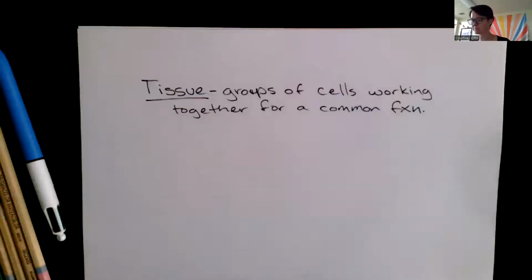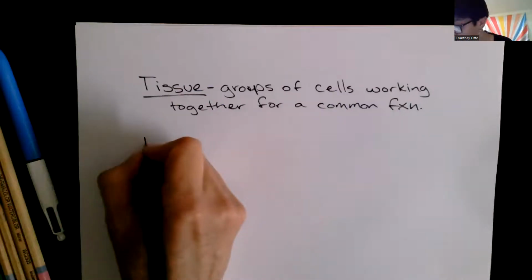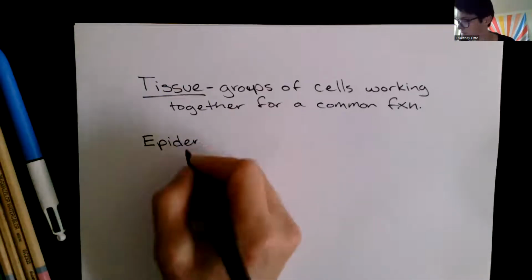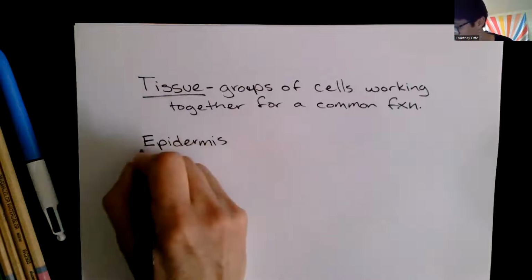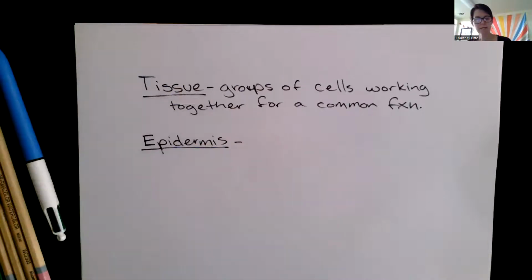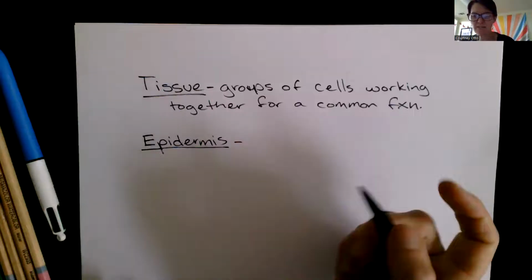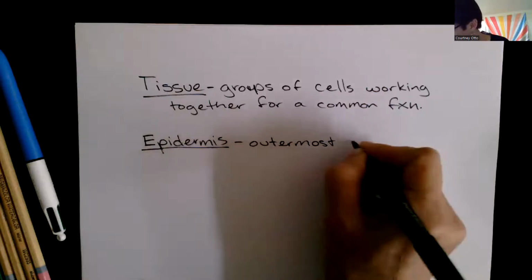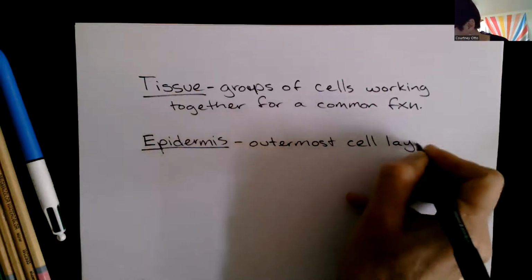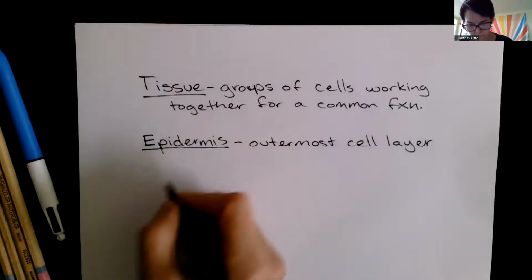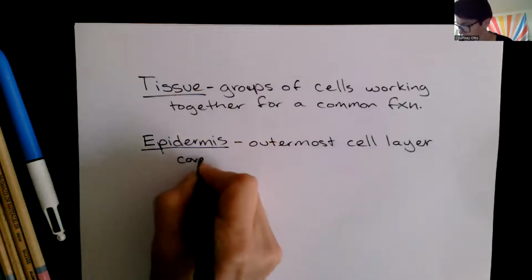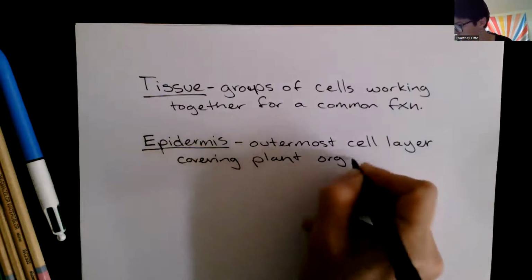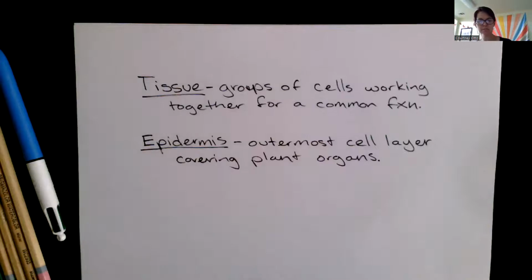So I'm going to start with the epidermis. And the reason I'm starting with the epidermis is, well, it's that outermost cell layer covering our plant organs. So it's forming the outside of our root stems and our leaves.